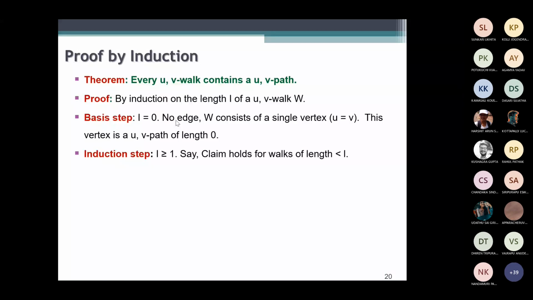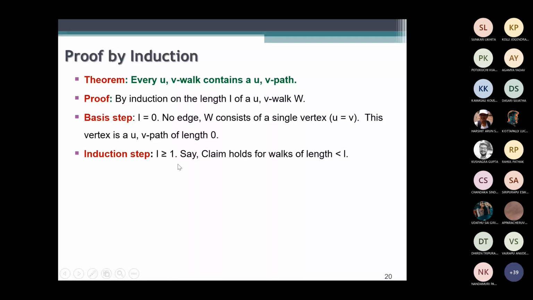Now, the induction step. This is our induction hypothesis: for L equal to 0 we have proven, and for L greater than or equal to 1, now we have to study.